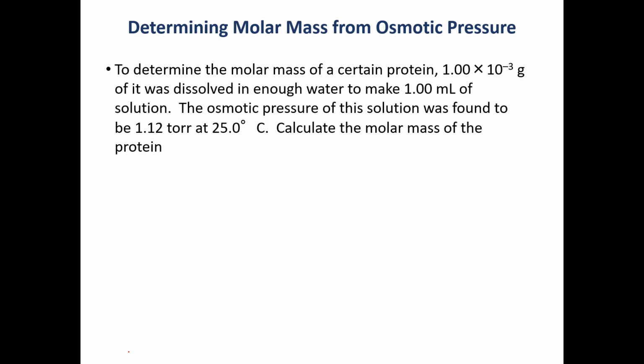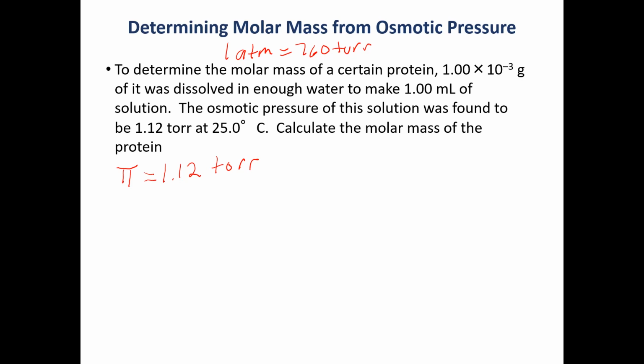We know osmotic pressure has to be in atm, so the first thing we need to do is convert this 1.12 torr to atm. If you think back to gas pressures and the conversions, 1 atm is equal to 760 torr. You could look that up if you didn't remember the conversion.